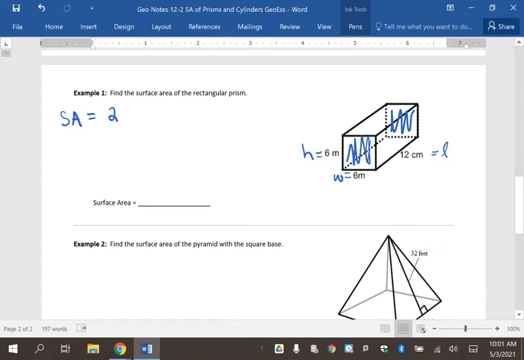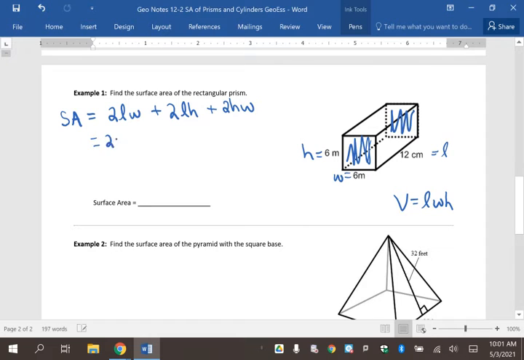Normally, volume of a box is length times width times height. So surface area is just adding up all of the areas of each of the sides. So we have 2 times length times width plus 2 times length times height plus 2 times height times width, in any order.